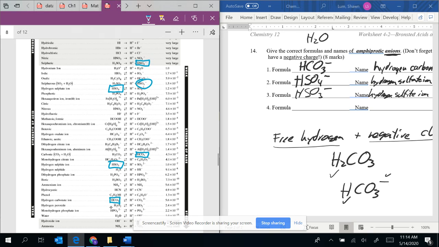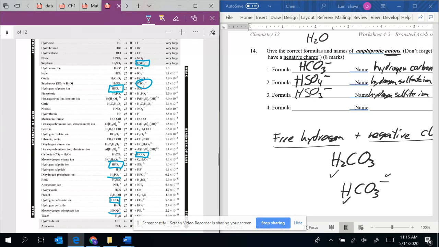Like I could do HPO4 2 minus. That's a possibility. I could do H2PO4 minus. I could do HC2O4 minus. These are all different possibilities that I could use for finding something that is amphiprotic.